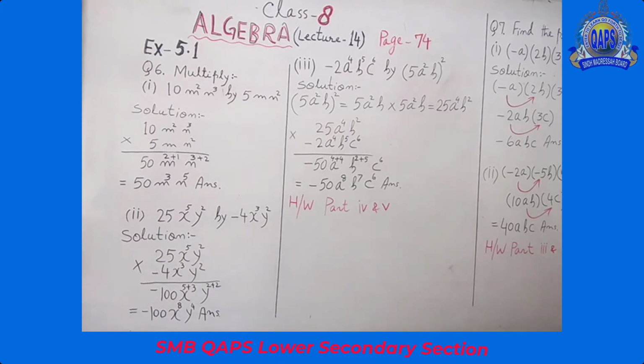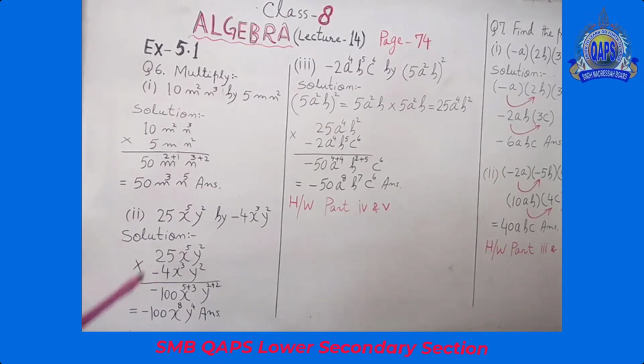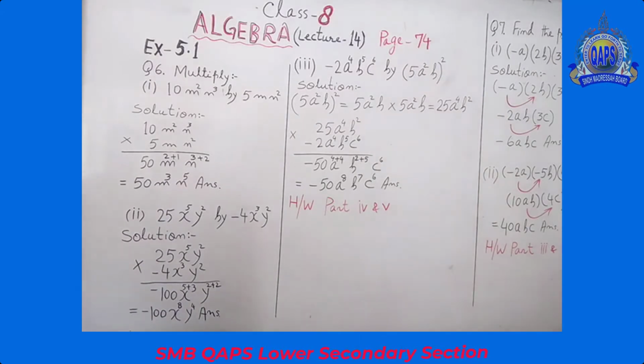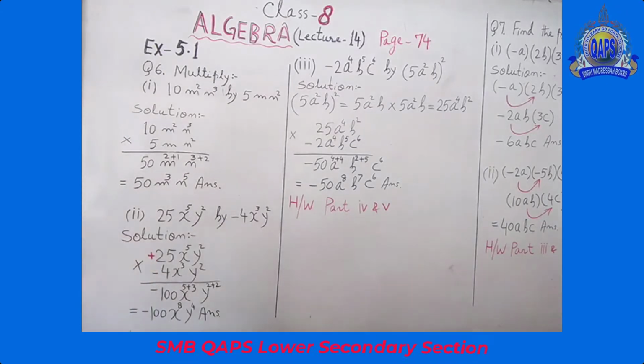Why minus? Because when we multiply plus into minus, this is plus, but we do not write plus.